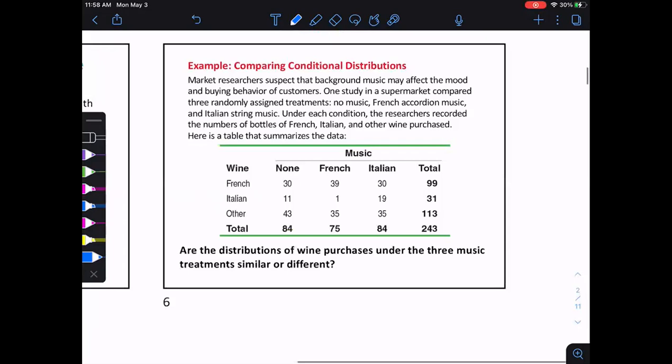I'm going to go through this fast because a lot of this is the same as what we talked about in the video. Are the distributions different? We would expect that music would not have an effect. We would expect your percentages to be the same across all the types of wine purchased, regardless of what music was being played.